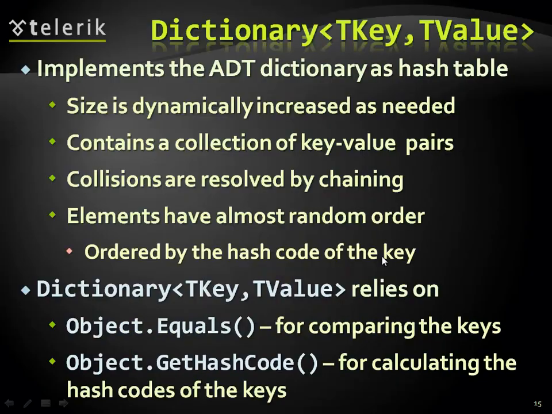Dictionary, well, we said what it does. It's basically like a list, meaning that it resizes when it needs to. You don't have to resize it manually, because you don't really know what its hashing function is, or you probably don't know. This thing contains a collection of key-value pairs, as many as it needs.